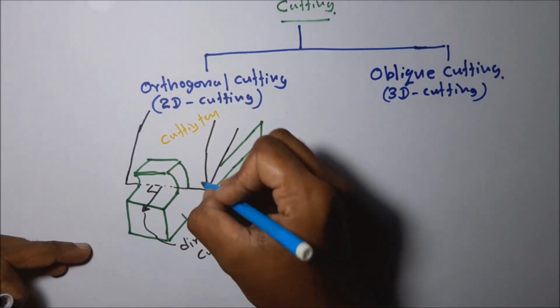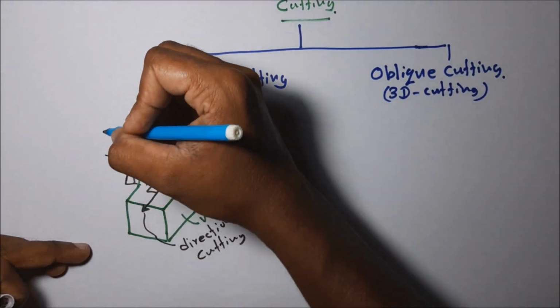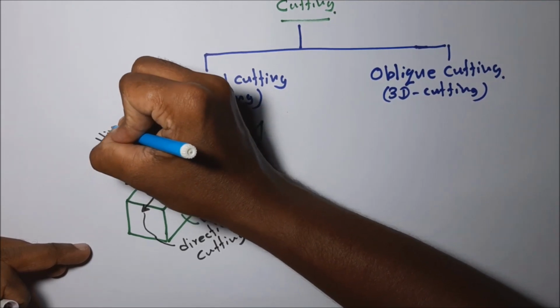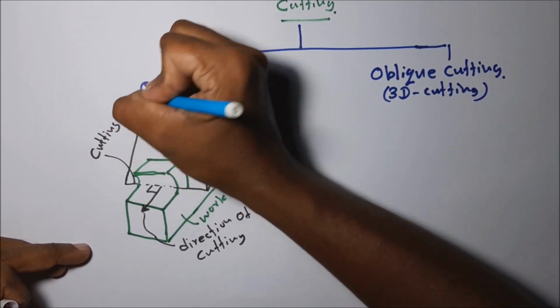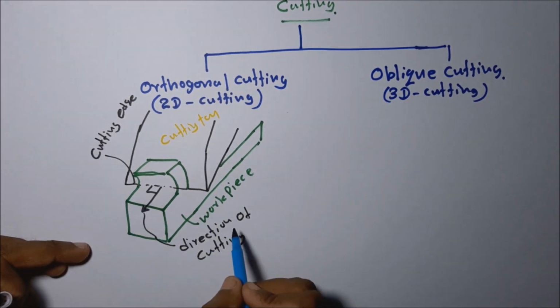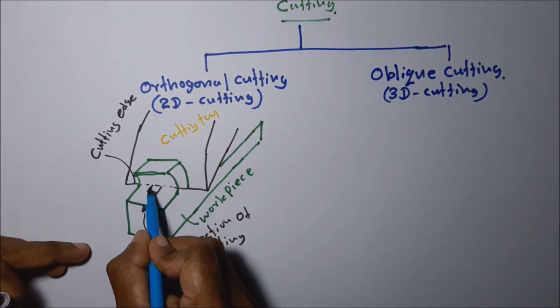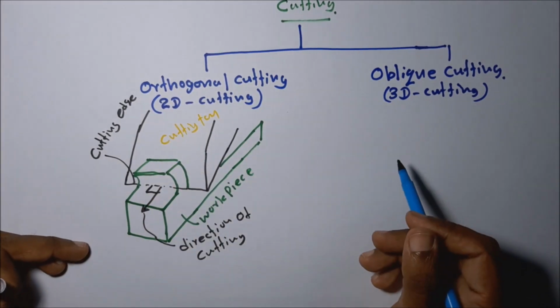Then this is called the cutting edge. You can see the cutting edge at an angle perpendicular to the direction of cutting in the orthogonal cutting operation.